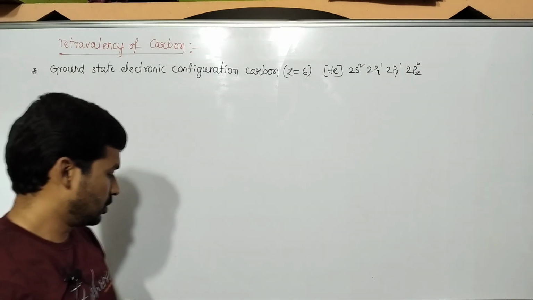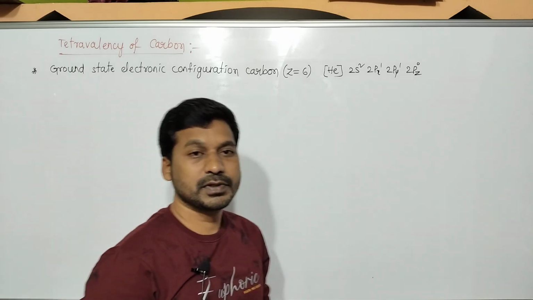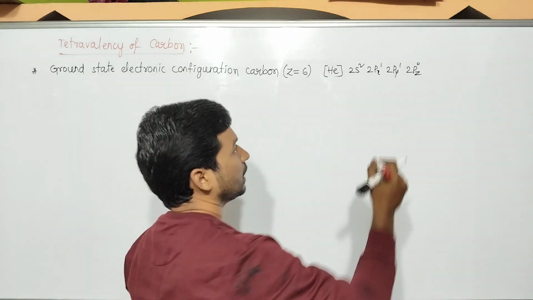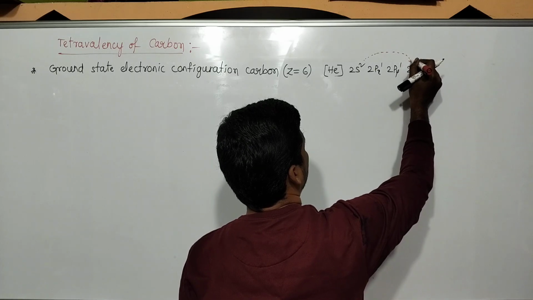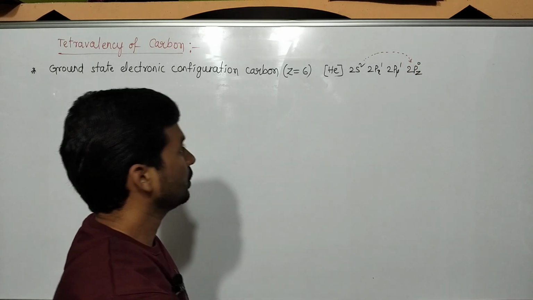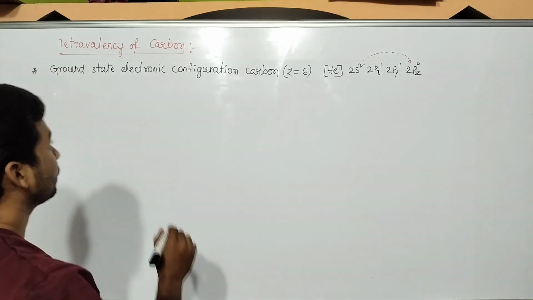So when a carbon atom absorbs energy from any source, an electron present in the s orbital is excited and jumps to the p orbital. That is called first excitation.